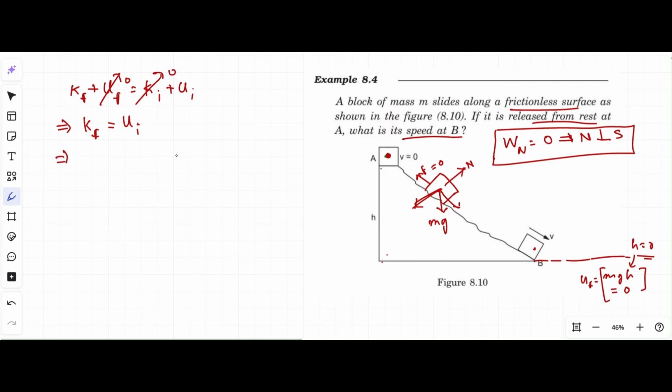Kf equals half m v square, and Ui equals mgh. Now here m gets cancelled, so v square equals 2gh, and v equals under root 2gh.